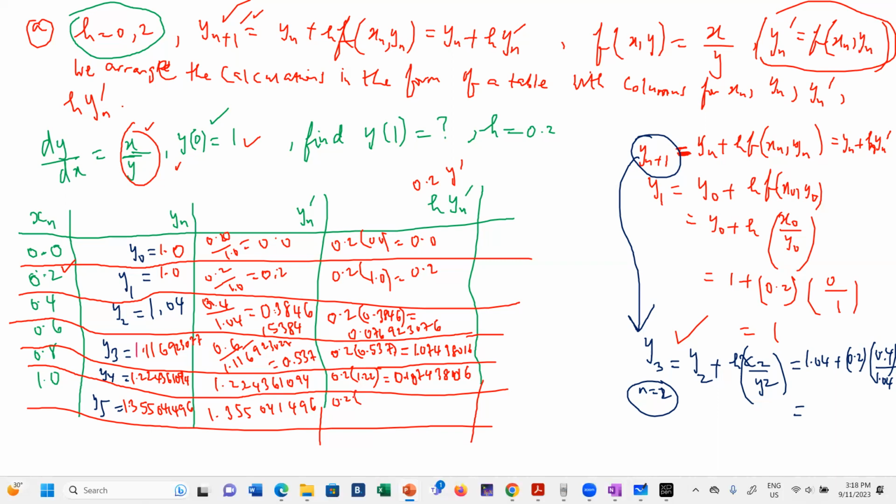So you have this one is 1.355, which is 0.30680402. So this is the method we're using.